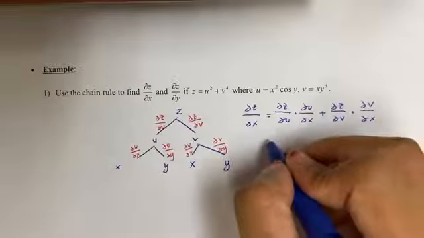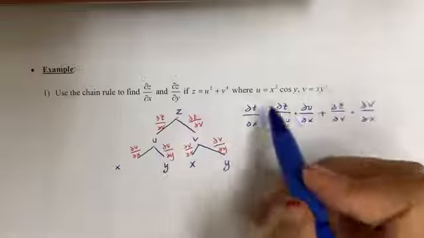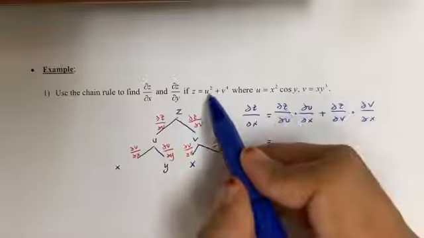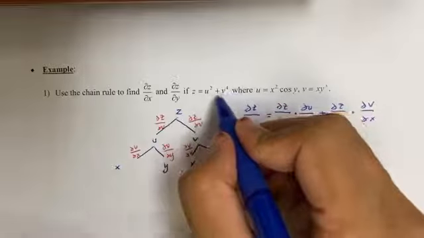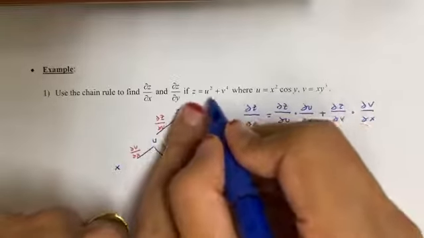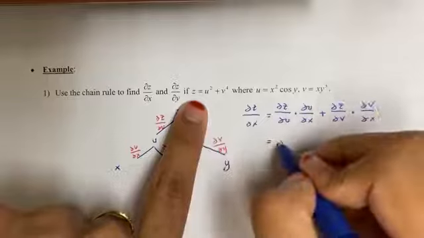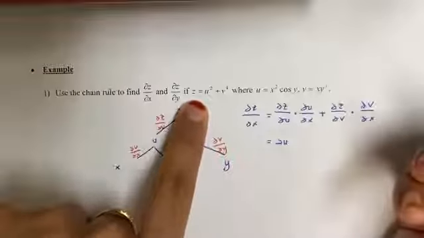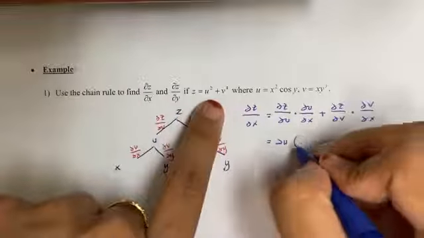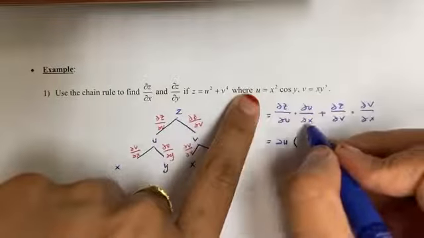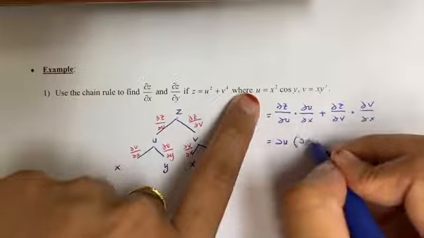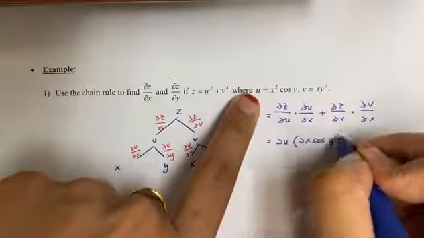Okay, now to solve this, find del z over del u. Differentiate z with respect to u, you have 2u, multiplied by differentiate u with respect to x, so you have 2x cos y.